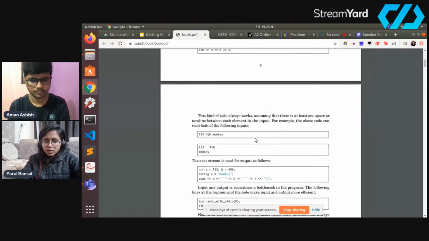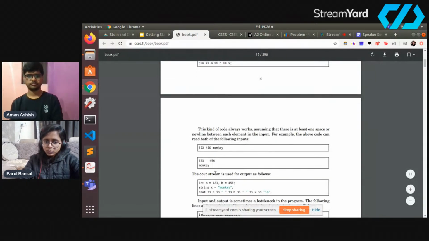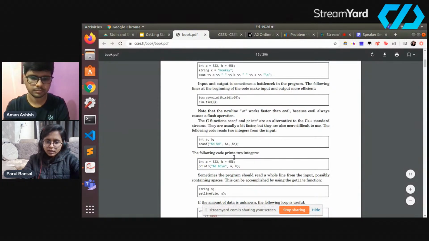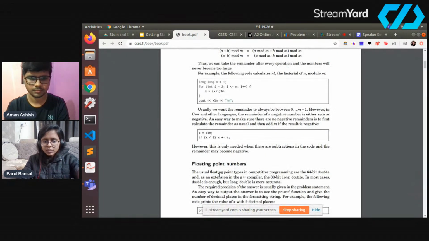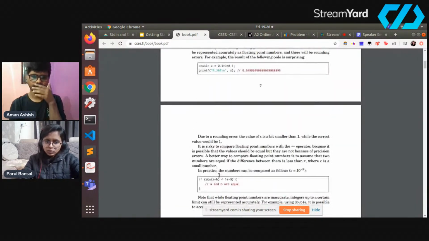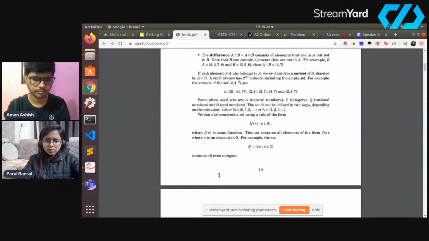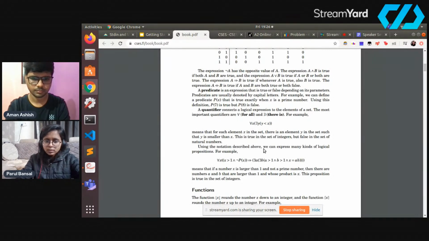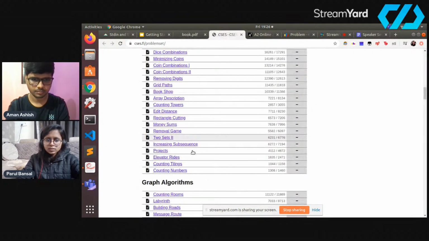So initially, you will be told about STL and the good practices you can follow while writing code. Then similarly, it will tell you about different topics, and every topic is explained very well. This book is also very good, so you can read a topic from this book and solve it on these CSES problems.